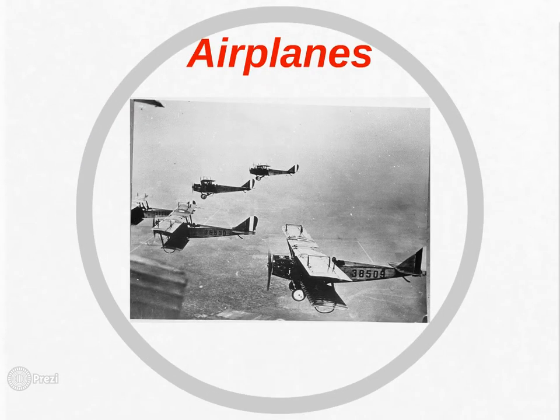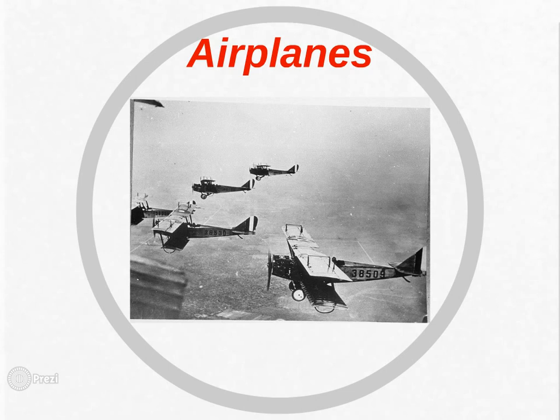Now, airplanes. The airplane was invented in 1903 by the Wright brothers from Ohio. And it was used in World War I. In the beginning of the war, it was used primarily for observation purposes. You would fly over your enemy's positions and you would see where they are. As the war progressed, it became more of an aggressive weapon.